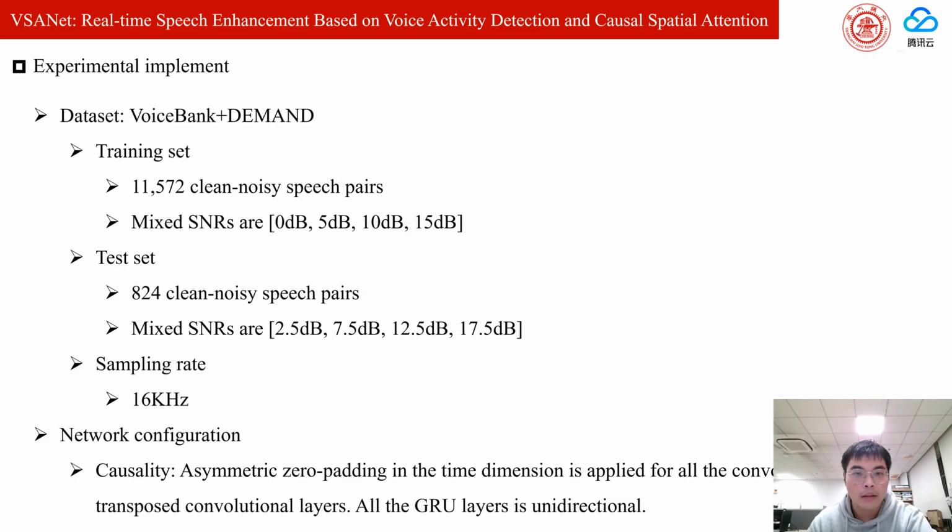We conducted the experiments on the publicly available dataset named VoiceBank plus DEMAND datasets. Additionally, to ensure the causality of the model, asymmetric zero padding is applied for all the convolutional and transposed convolutional layers, and all the GRU layers are unidirectional.